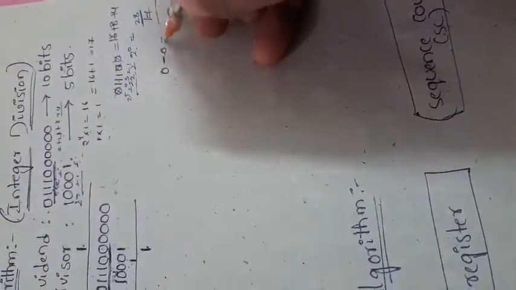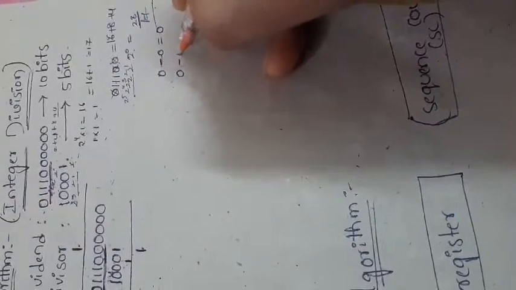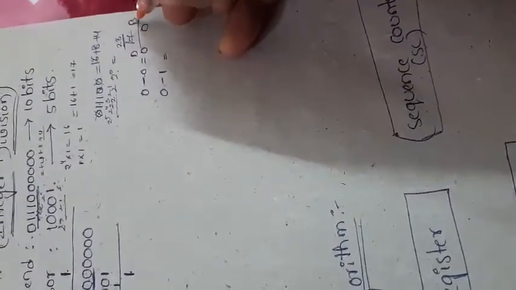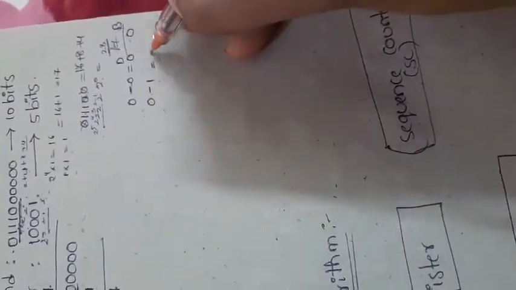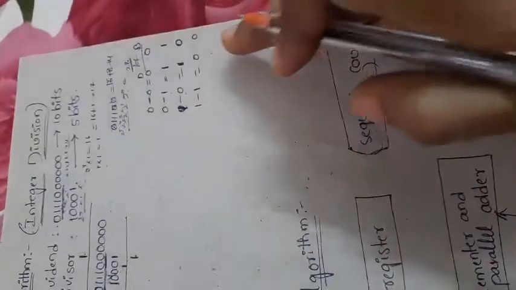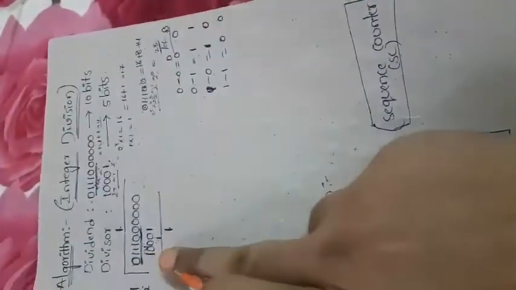The subtraction values: 0 minus 0 is 0, and 0 minus 1 gives a difference of 1 and a borrow of 1. 1 minus 0 gives a result of 1 and the borrow will be 0. And 1 minus 1 gives the result 0, borrow 0. So this is the binary subtraction operation, and with the help of this we can perform the subtraction here.